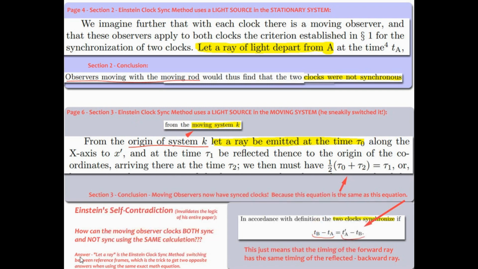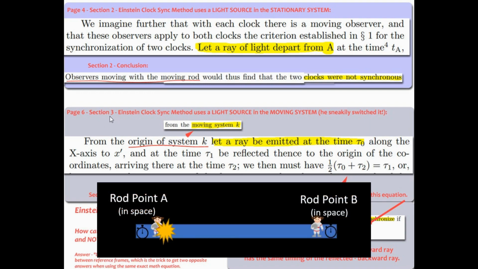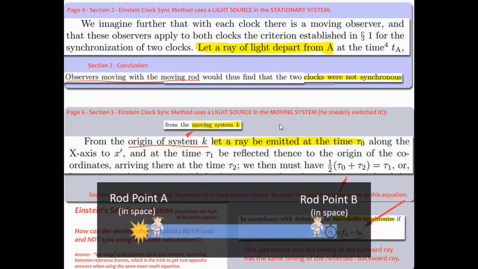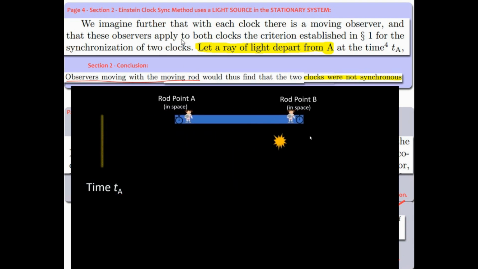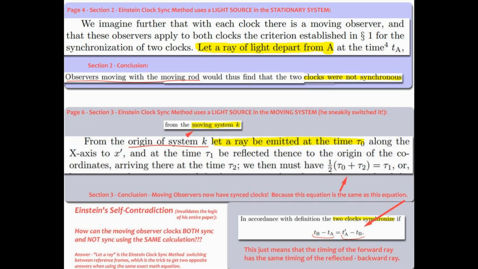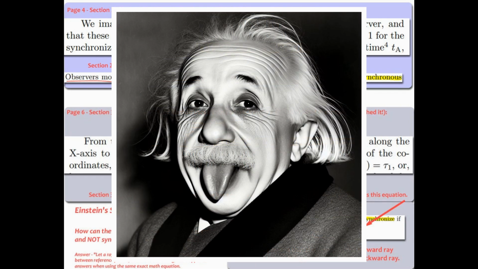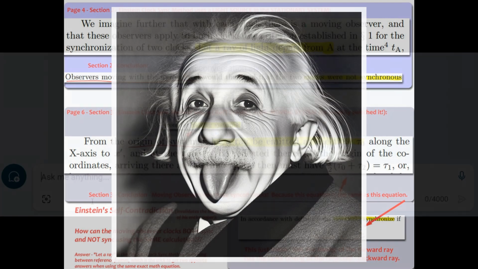Now, the trick to this entire thing is that Einstein changes where this light source is coming from. In other words, is it moving with the moving observers, or is it stationary with respect to the moving observers? Now, let's see if AI can figure this out using its own logic.